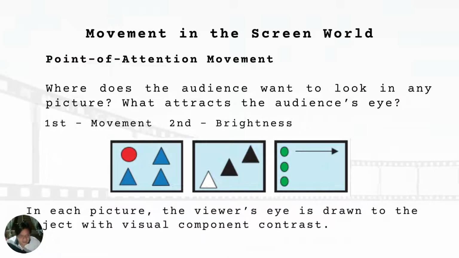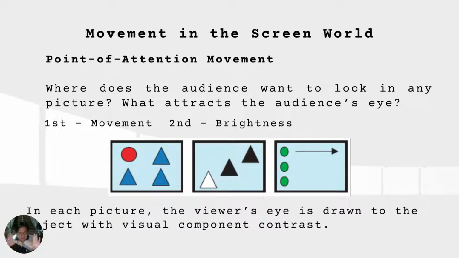Now, on the middle frame, your eye guides you to look at the white triangle first before looking at the two black triangles. Now, for the last frame, the frame on your right, you see the green circle in front because, again, it suggests movement. Di ba? So, again, brightness and movement.